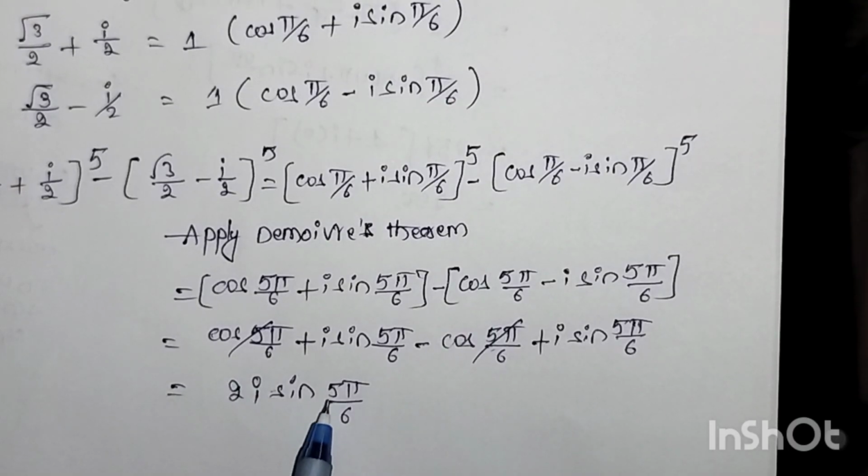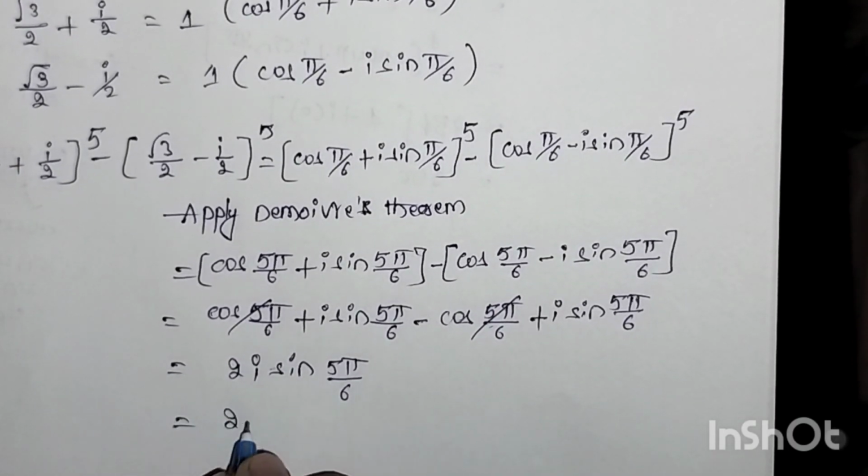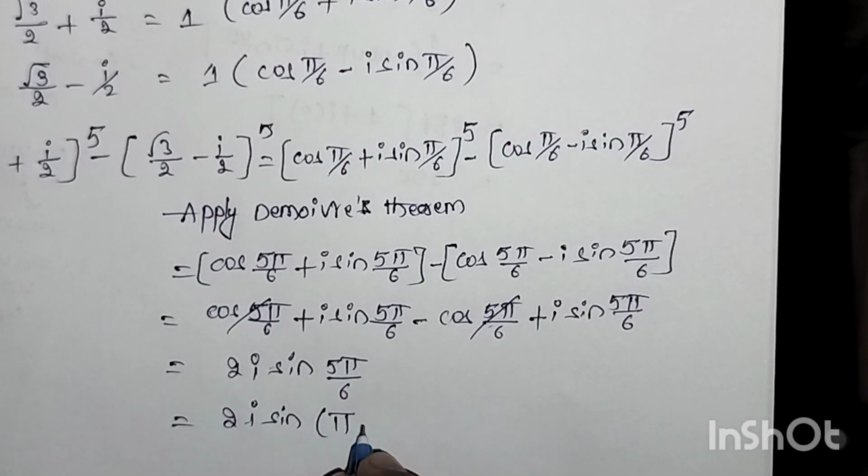Here sin 5 pi by 6 we can write as 2i sin of pi minus pi by 6.